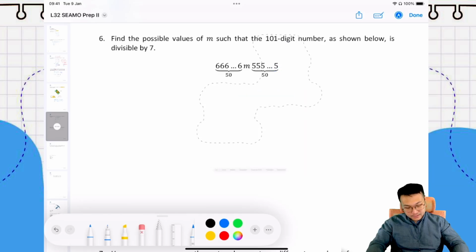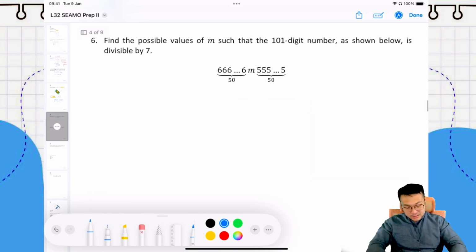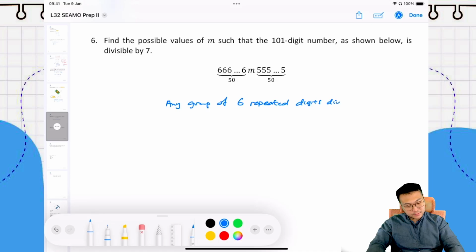Okay, now students, since we already know that any group of 6 repeated digits is divisible by 7, then we can get rid of all the groups of 6 digits.